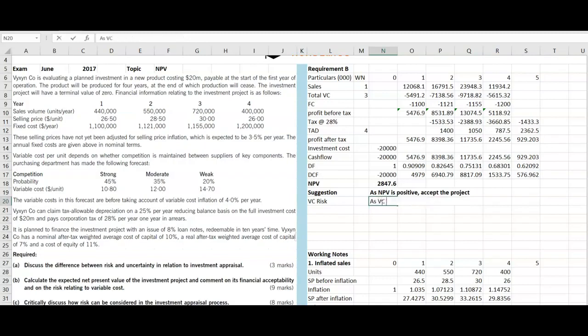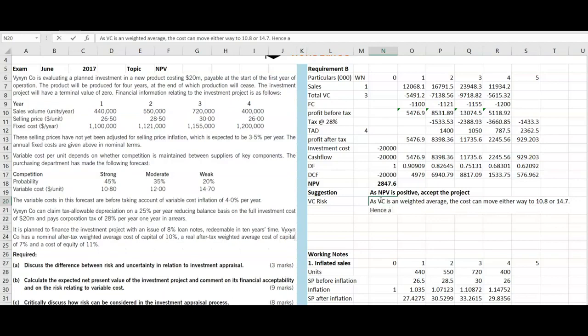So you can say, as variable cost is a weighted average, the cost can move either way to 10.8 or 14.7.